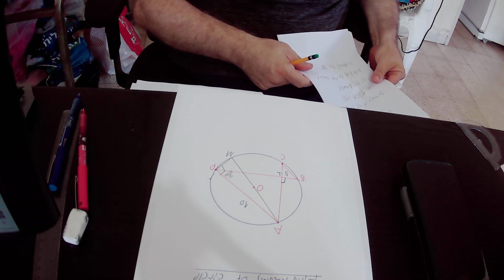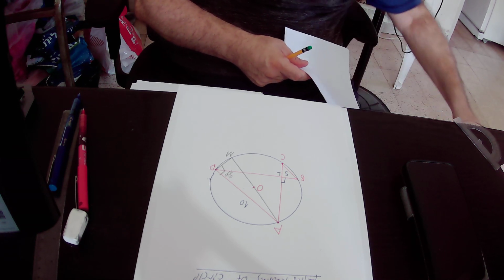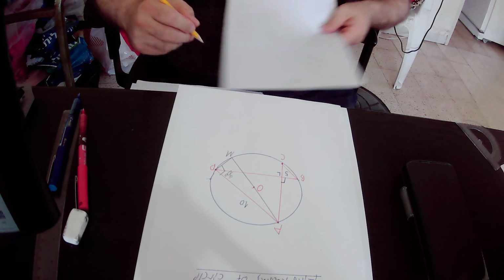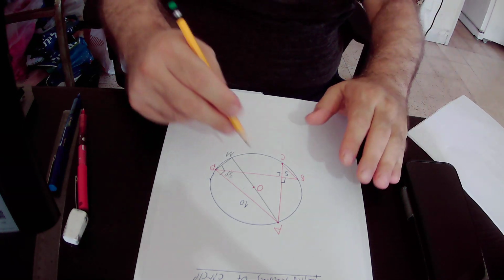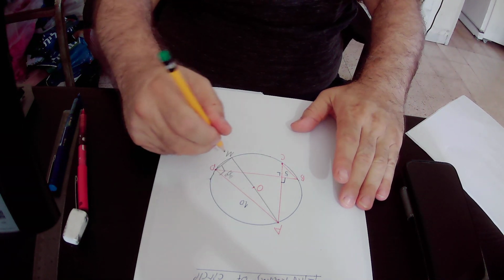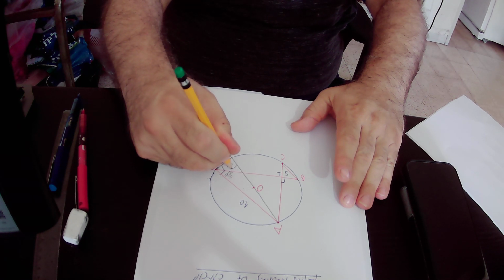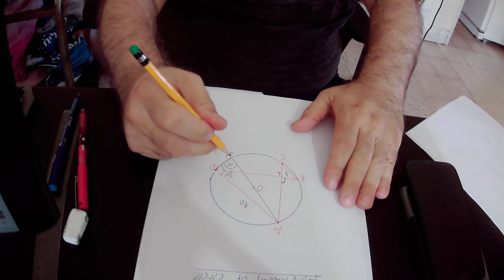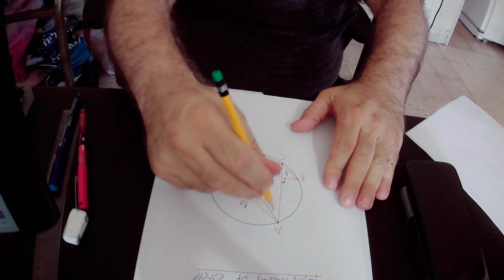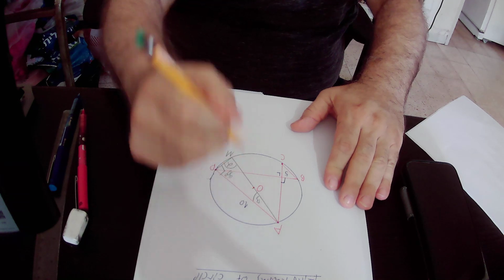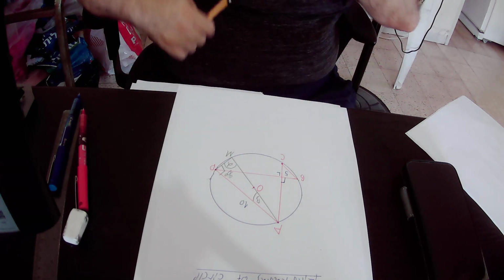In the next step, we will define angle AMD as alpha, and we will also define angle DAM as beta. Okay?